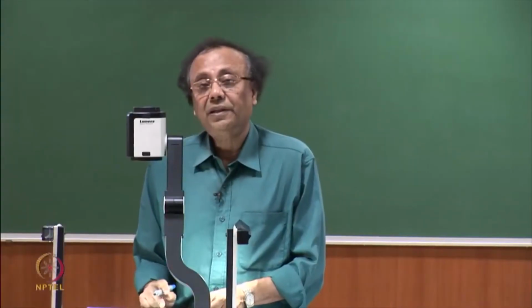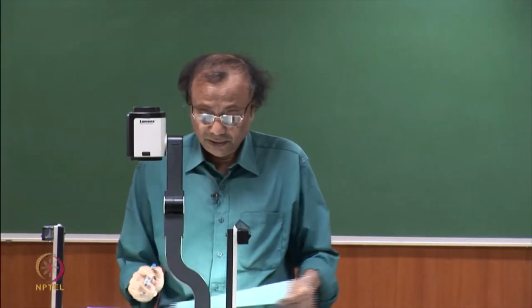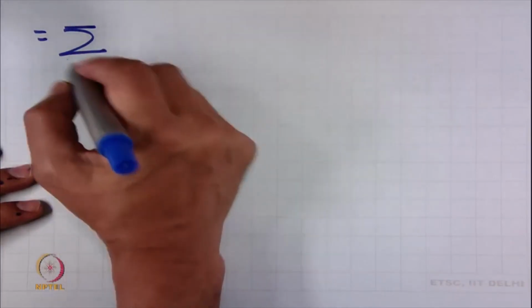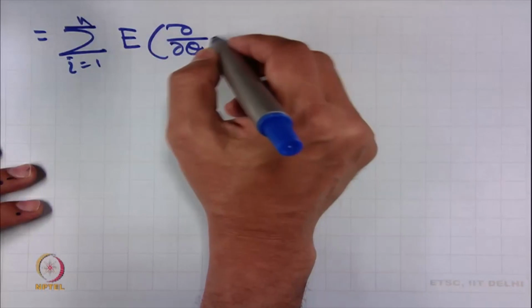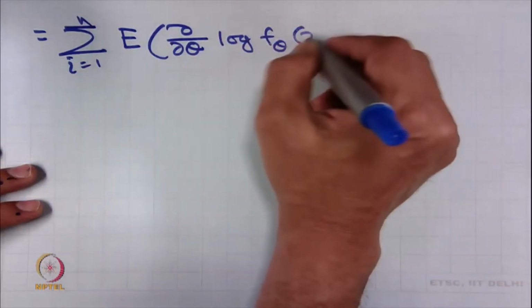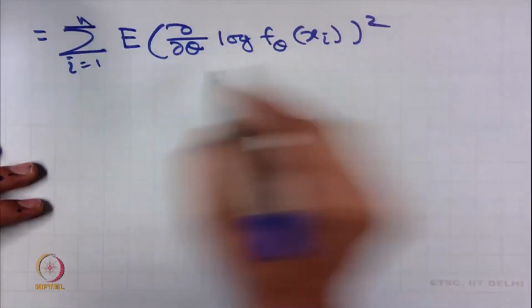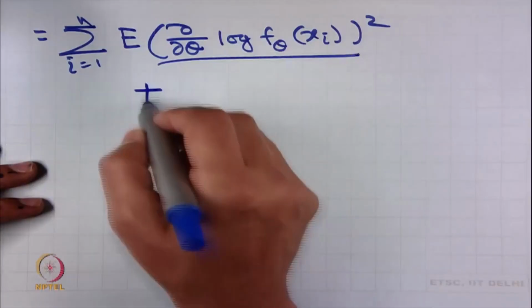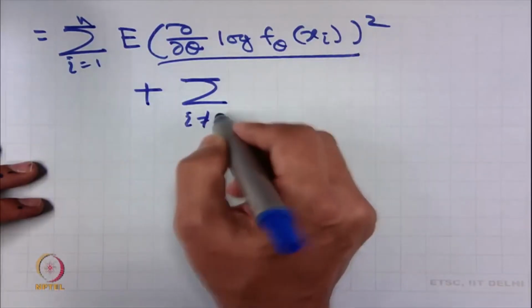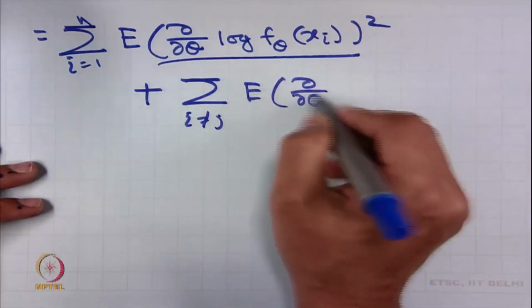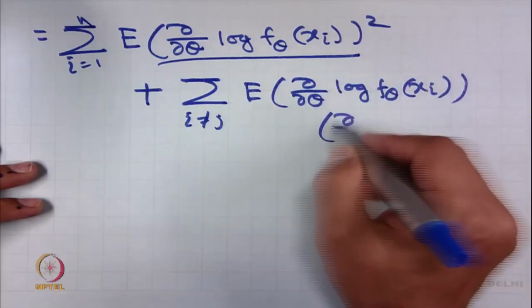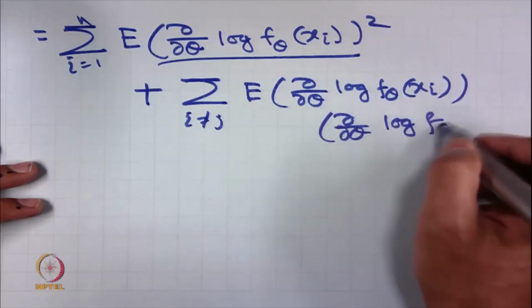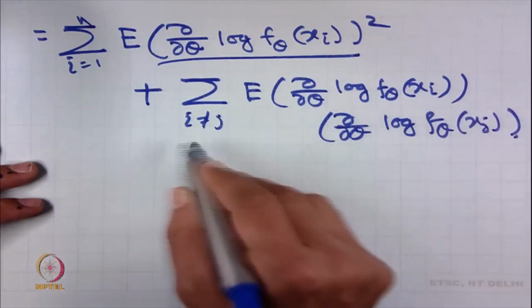Bringing the expectation inside because of linearity of expectation, this is equal to sigma i equal to 1 to n expected value of del theta of log of f theta xi whole square plus sigma i not equal to j expected value of del theta log of f theta of xi into del theta of log of f theta of xj, i not equal to j.